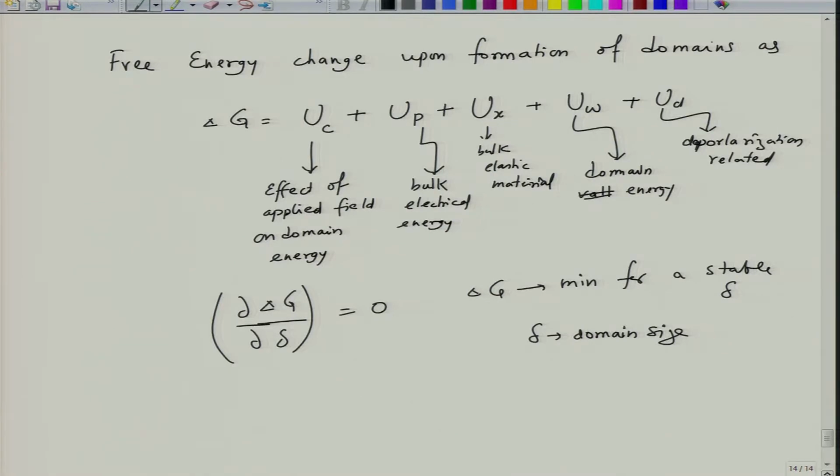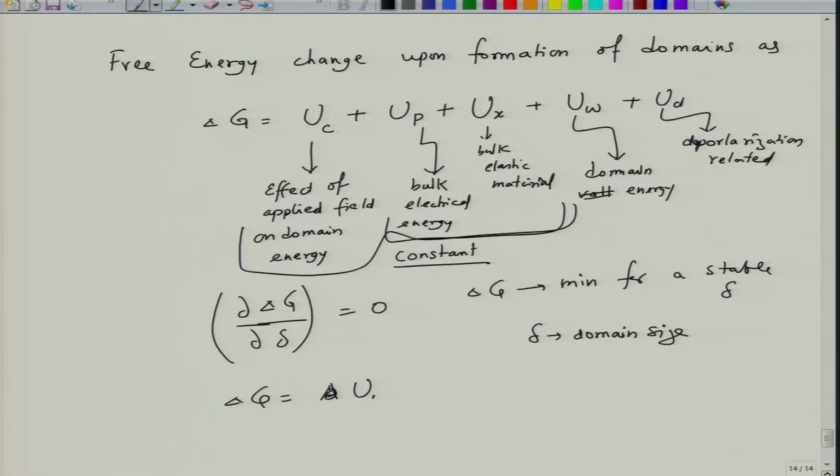Basically these material energies UX and UP are material parameters, they are the same in each domain, and UC is the effect of applied field. These energies can be treated as constant, since they do not vary much depending upon the domain size. So we can write delta G as a constant, U naught, plus UW plus UD.